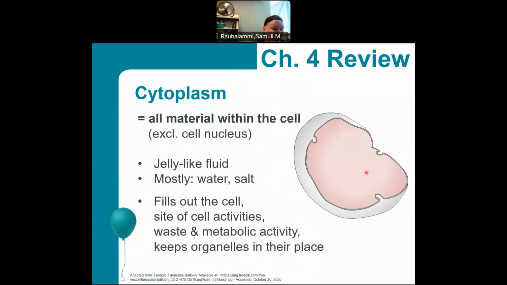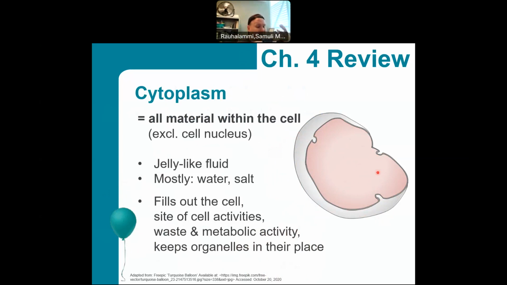After covering the cell membrane, when we look inside the cell, we see that the inside of the cell is filled with cytoplasm. This is all the material inside the cell except the cell nucleus. It is a jelly-like fluid material, mostly made of water. There are also some salts and so on in there that fill the cell, giving it its shape, but also being the site where most of the activities of the cell take place.